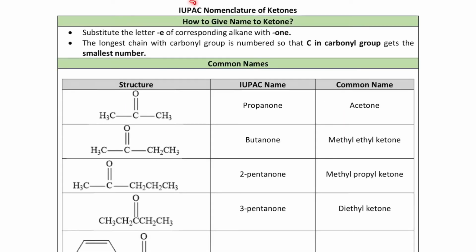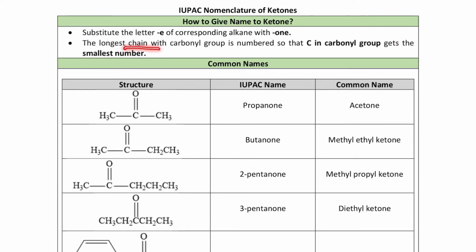Next, we are going to learn IUPAC nomenclature for ketones. How to name a ketone? For a ketone, you need to substitute the letter E of the corresponding alkane with O and E. That means for propane, the E at the back is substituted to become propanone.